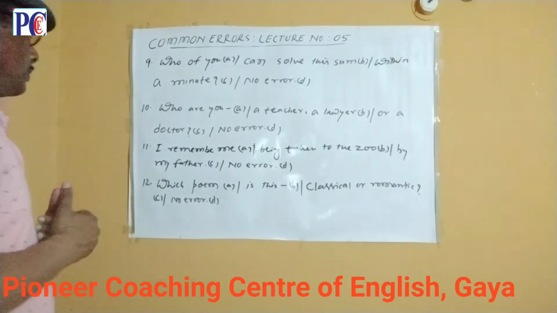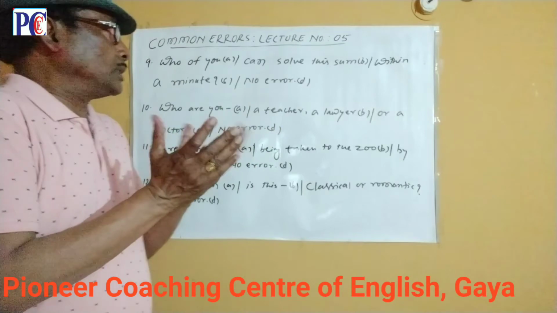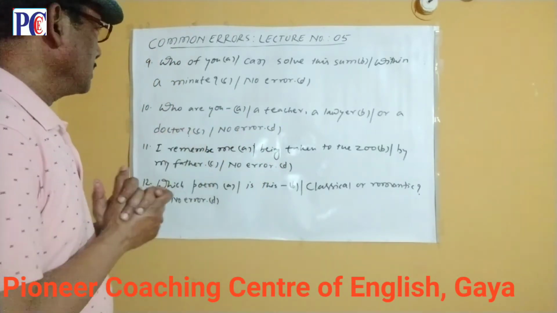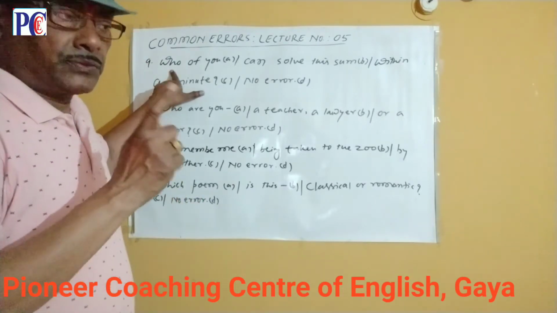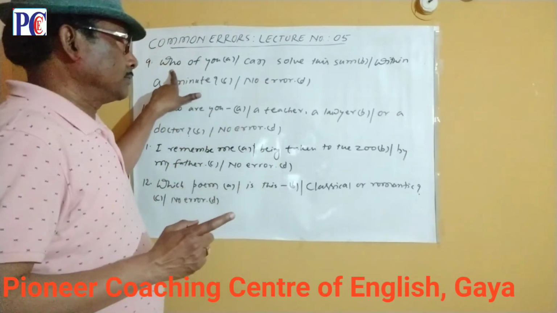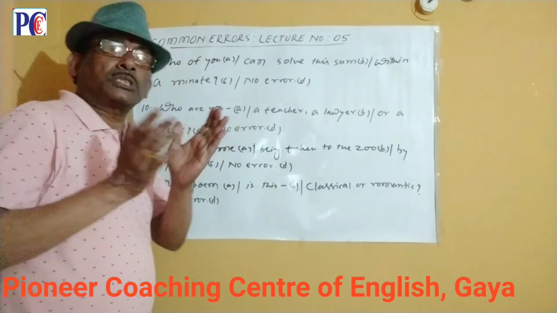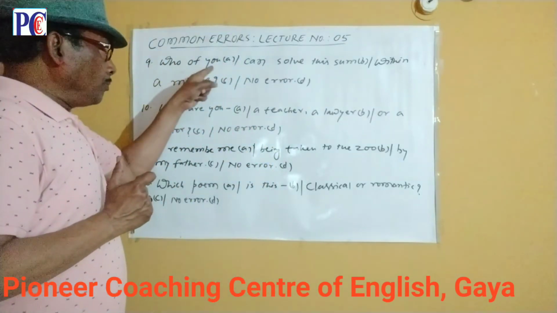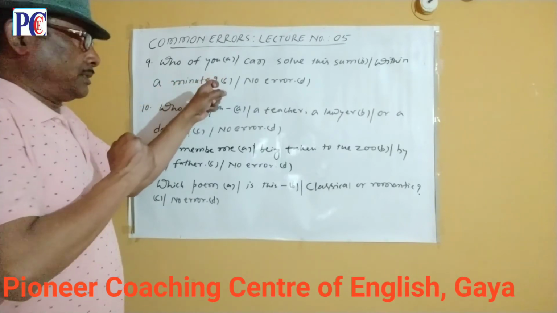Now let us come to question number 9. Who of you can solve this sum within a minute? Remember, the question word who stands for a human being. But when there is a choice, it must be replaced by which. Here, of you shows that the person is being selected.